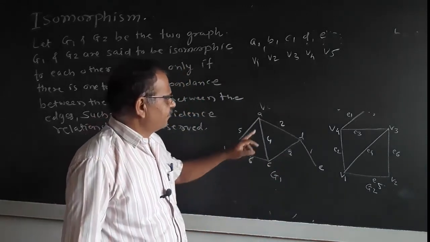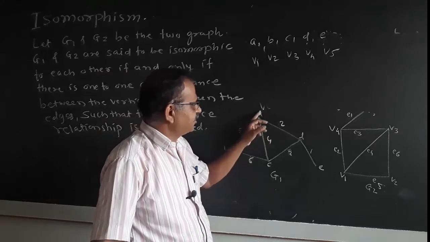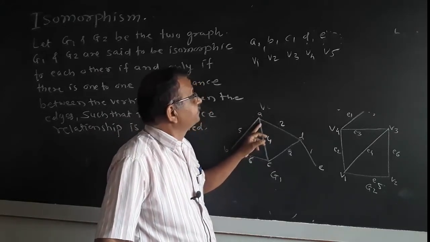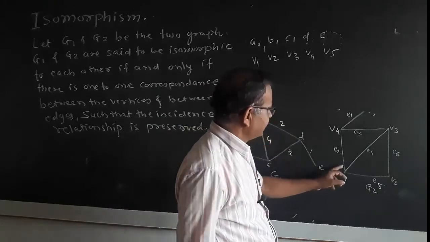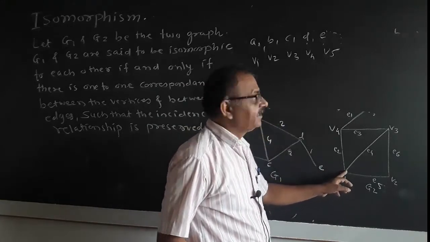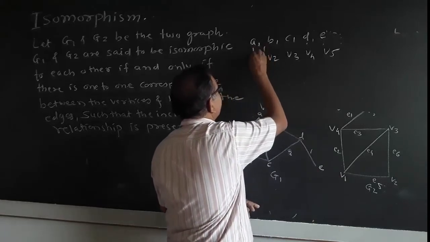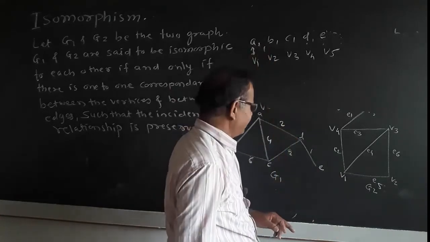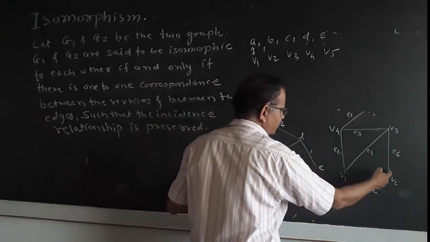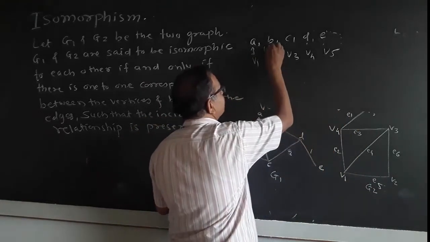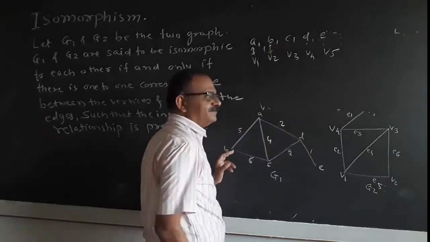The degree of vertex A is 3 in G1 and the degree of V1 is also 3 in G2. Therefore, A corresponds with V1. The degree of B is 2 and the degree of V2 is 2, so B corresponds with V2.